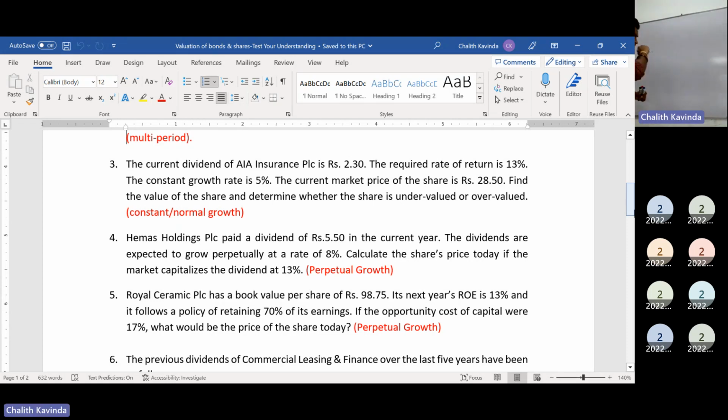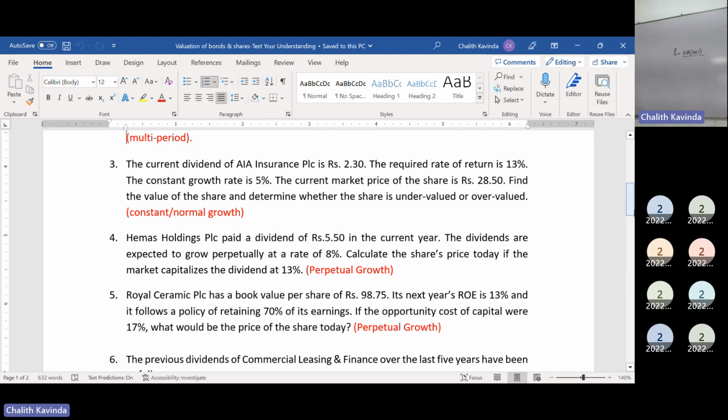Perpetual growth formula. Price today equals next year dividend. Here they have given you the current year dividend, so you need to add the growth rate. Here I have directly mentioned it as 8%. For cost of equity, here it says market capitalization rate, which is another word for cost of equity.